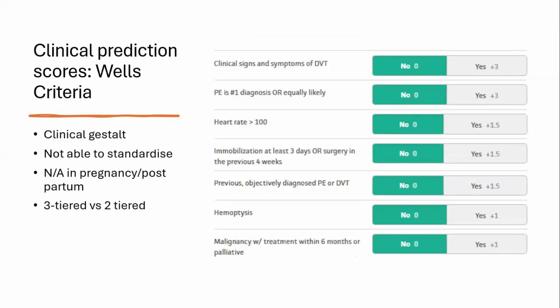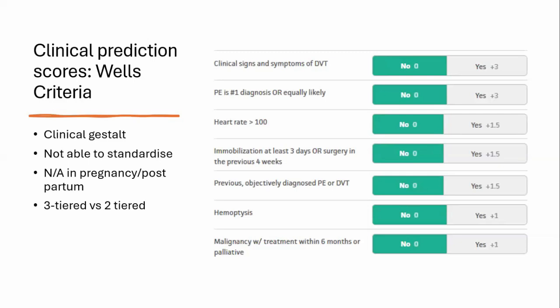Then the famous Wells criteria, we all know that. There's an element of your clinical gestalt that you need to put into the scoring system. So is PE number 1 diagnosis or equally likely? So that makes it a little bit more of a subjective score. It's not validated for pregnancy and postpartum, and then you can decide, do you want to do a 3-tiered versus a 2-tiered system? It seems from my reading that the 2-tiered system is preferred.